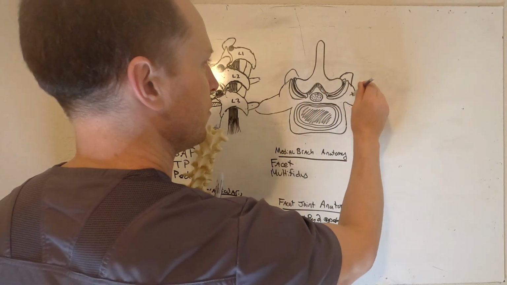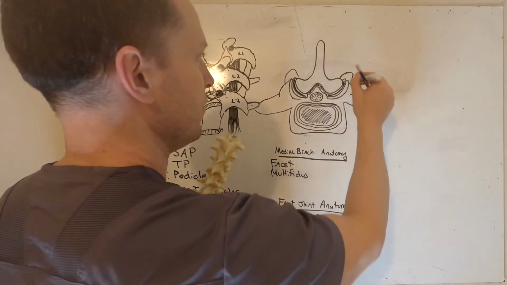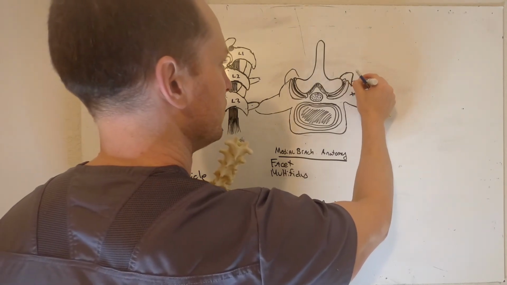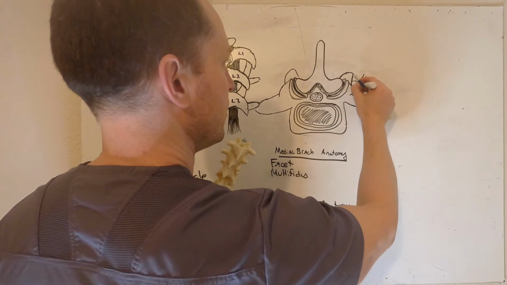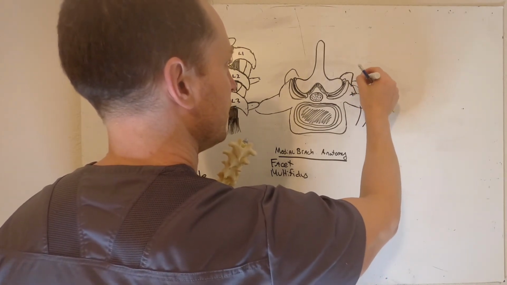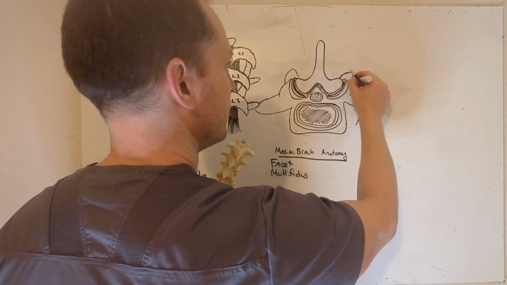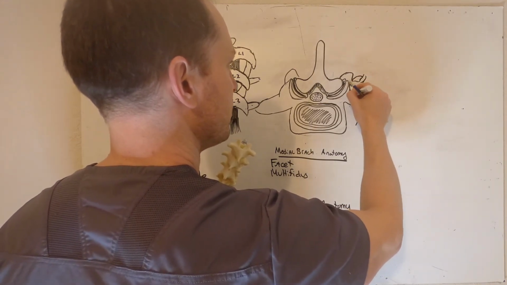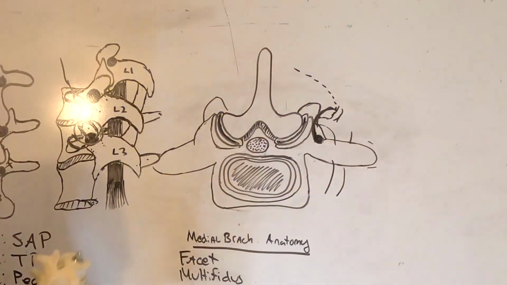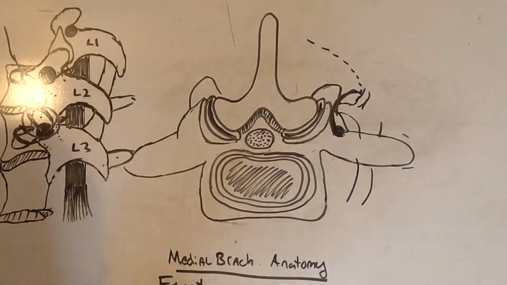Your needle would be right here where that nerve is coming out. This is the posterior ramus. This would be your ventral ramus, which we're not worried about. And coming off of that dorsal ramus is the medial branch. That's coming like this, and then it'll go down to the one below to innervate that one.